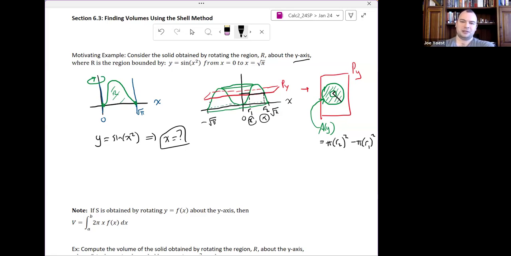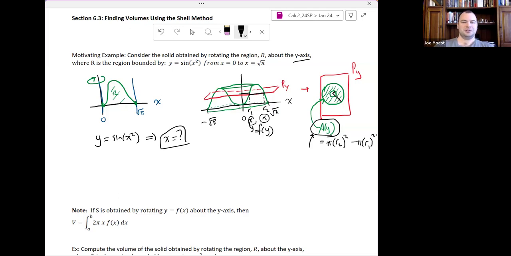And I see something kind of unfortunate here. If I have y equals sine of x squared, I need to invert this to get x in terms of y, to say for a given y, what is my x value? I want these radii to be in terms of y so that I can integrate from y equals 0 to y equals 1 of this thing.